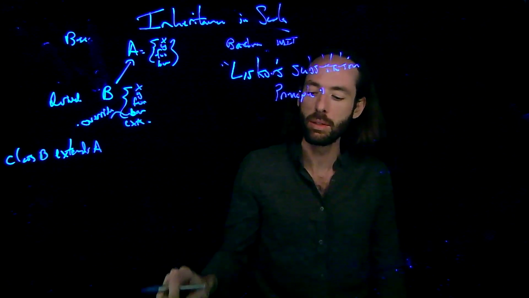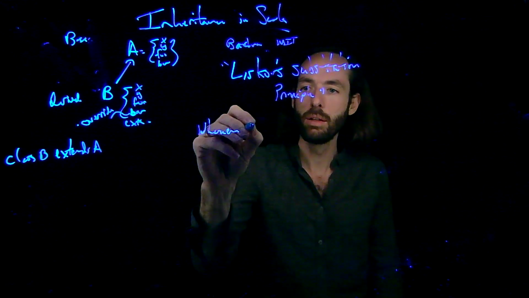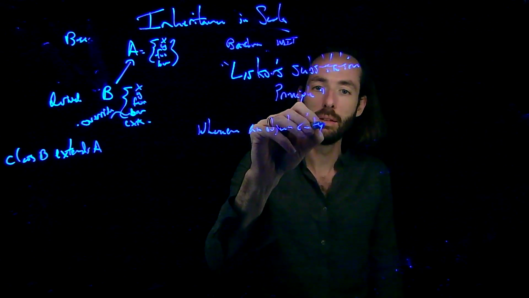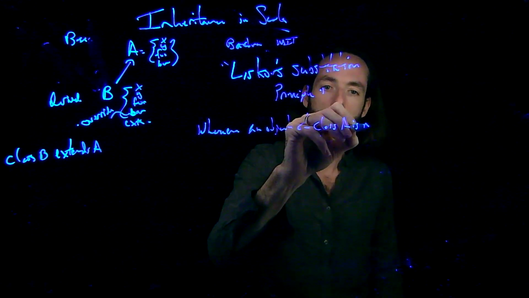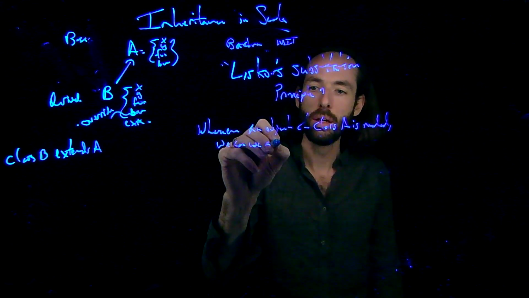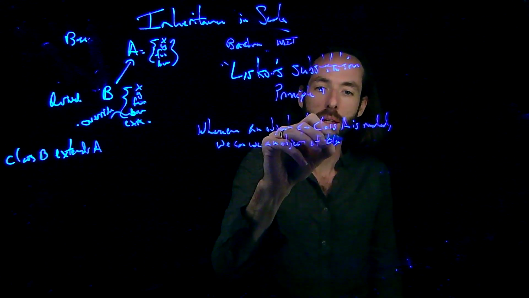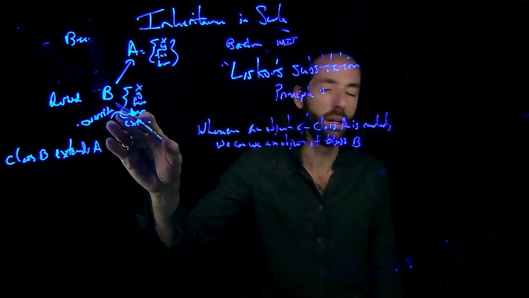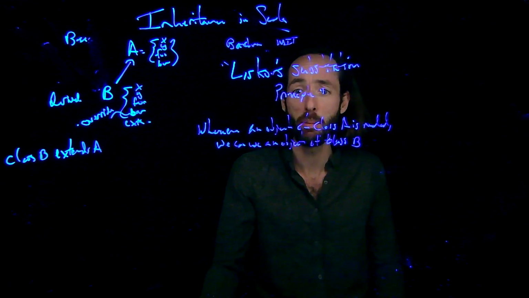She came up with this principle, and it says that wherever an object of type A, our class, we should say, is needed, we can use an object of class B. So if B inherits from A, then we can use something of class B anywhere that we would want to use something of type A.